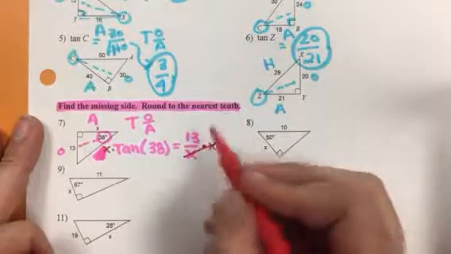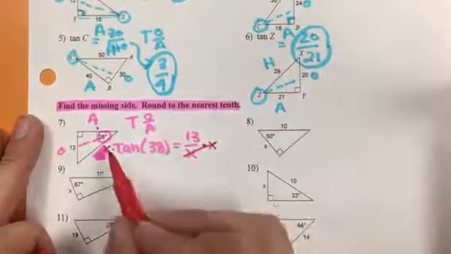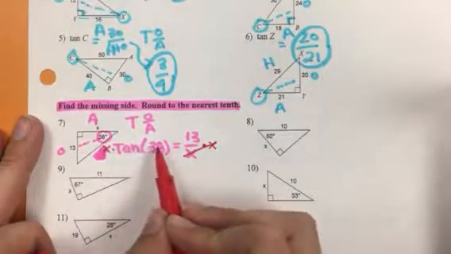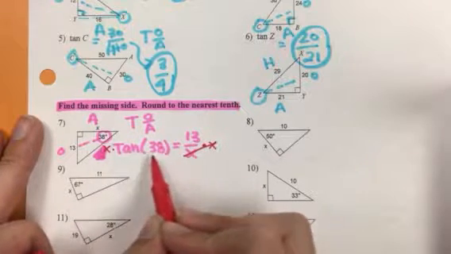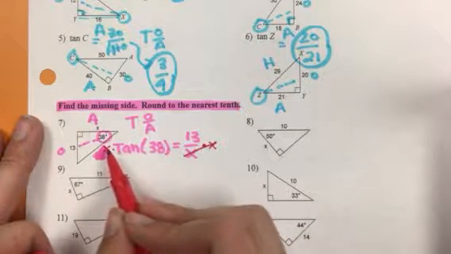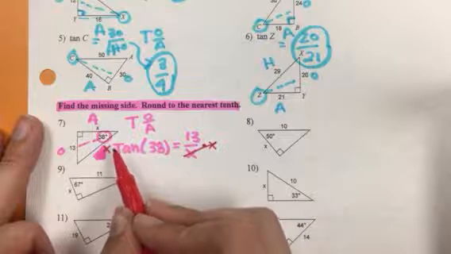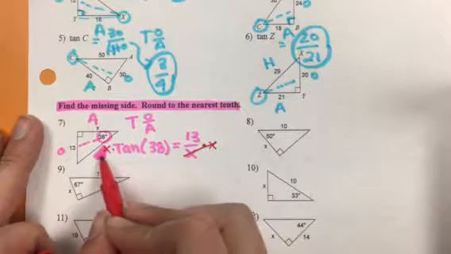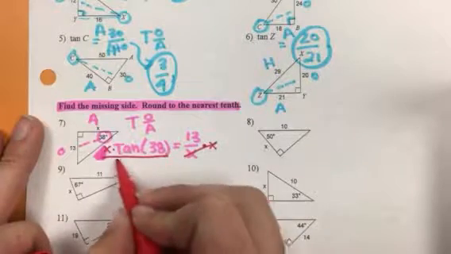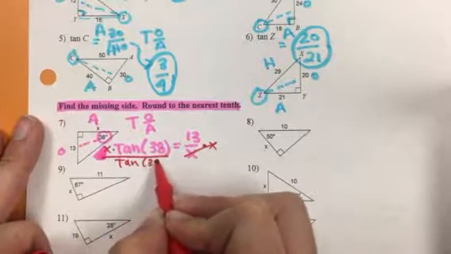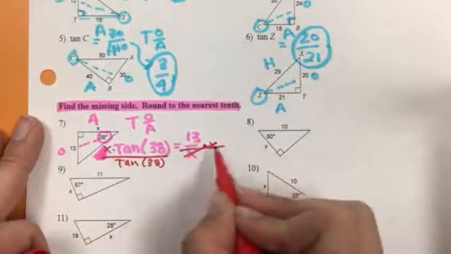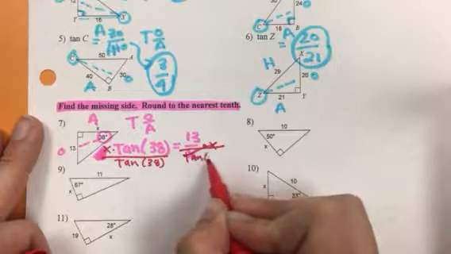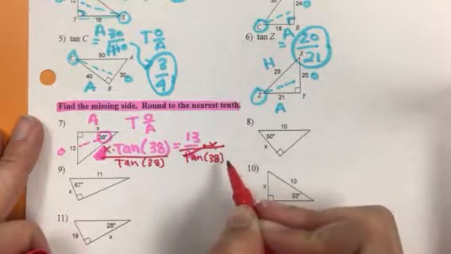That cancels out, so all that's left is 13. Now, x times tangent of 38, you cannot enter into your calculator because x is a variable. You want to get x by itself. Because they are attached through multiplication, you undo by division. Divide by tangent of 38.